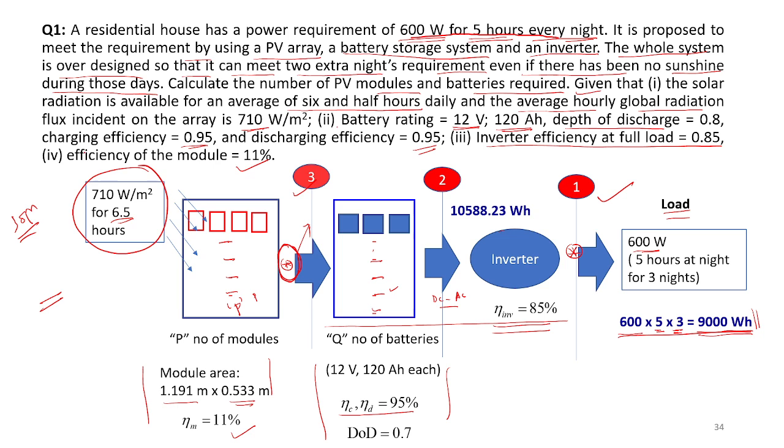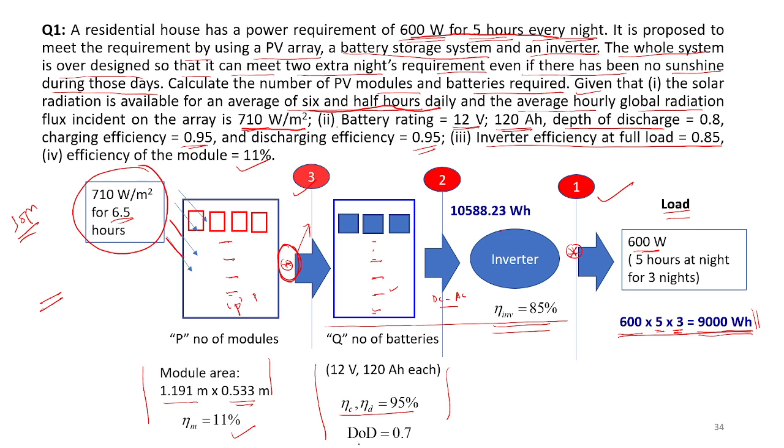Given that the solar radiation is available for an average of 6.5 hours daily, and the average hourly global radiation flux incident on the array is 710 watt per meter square. So this value is given, right? 710 watt per meter square falling on your PV arrays. Your battery rating is given as 12 volt, 120 ampere each.